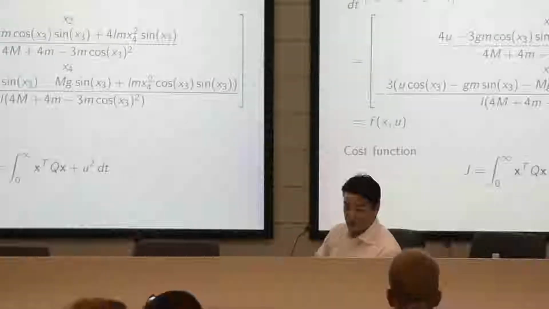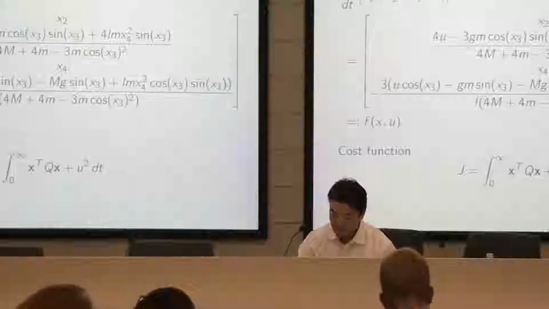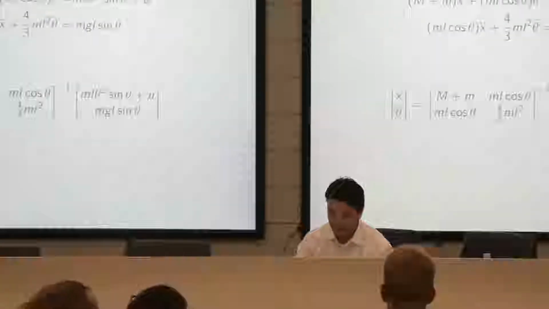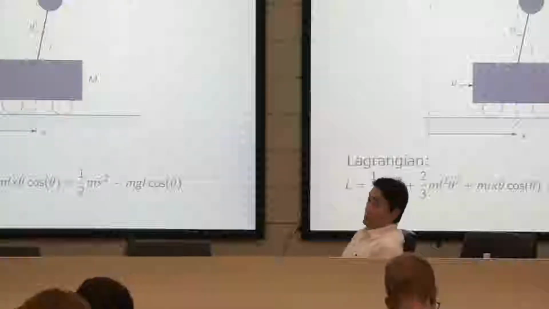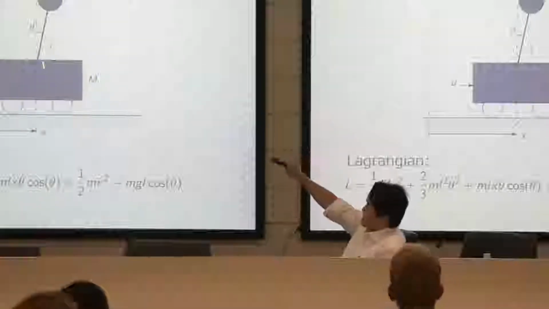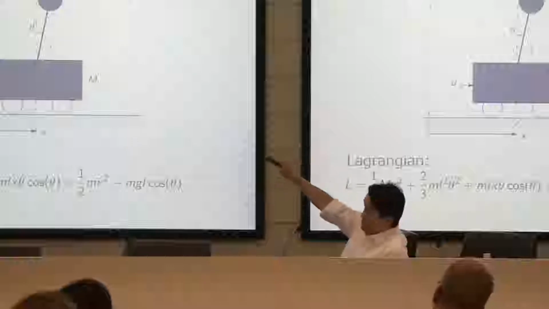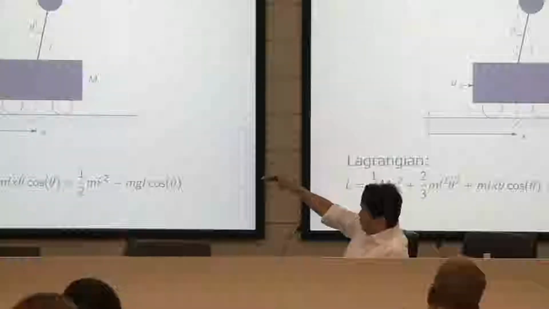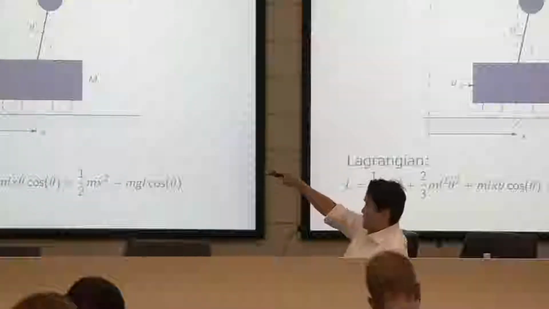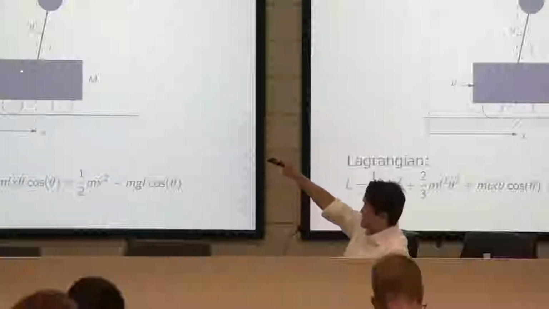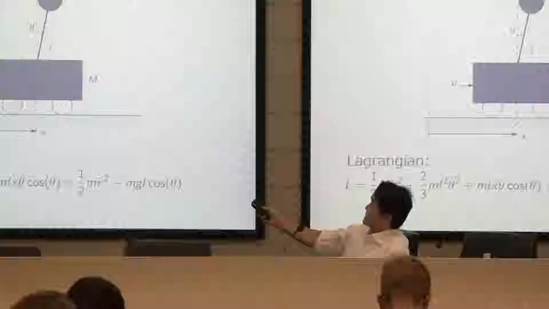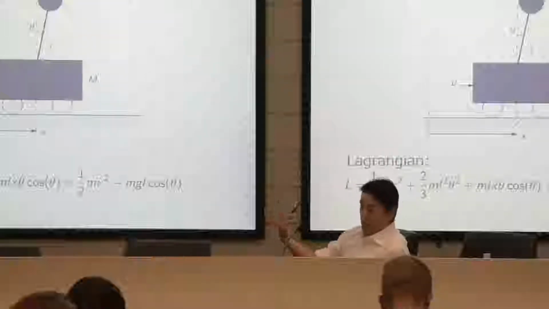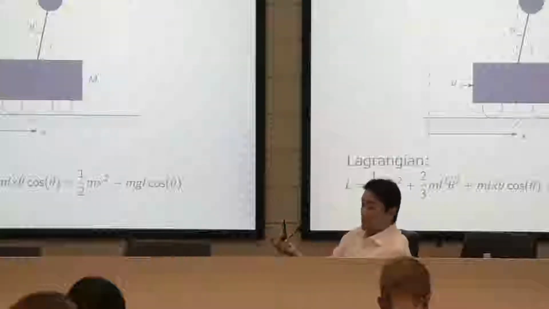And to get a linear system, you have to set your equilibrium of interest, which is in this case the upright position. Downward position is also an equilibrium, but we are not really interested in it. We want to stabilize this pendulum upright and hold it by control.